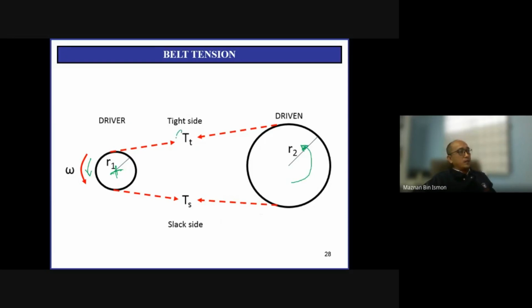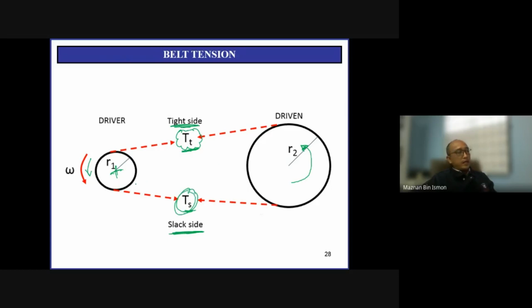Of course, it will be the tight side on the upper side, and it will be rather slack on the lower side. So we call the slack side TS, and the tight side TT. Okay, tight side TT, and this one is TS.